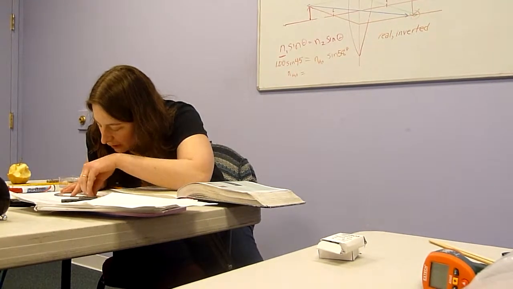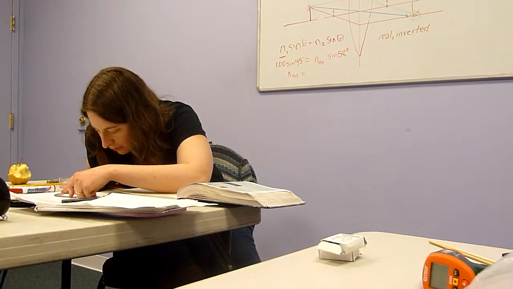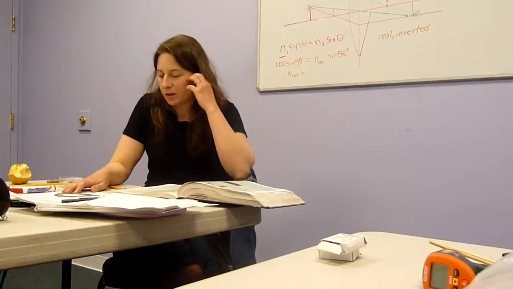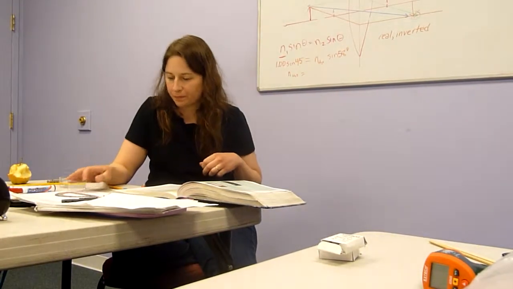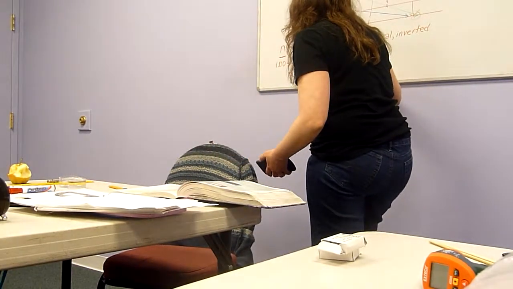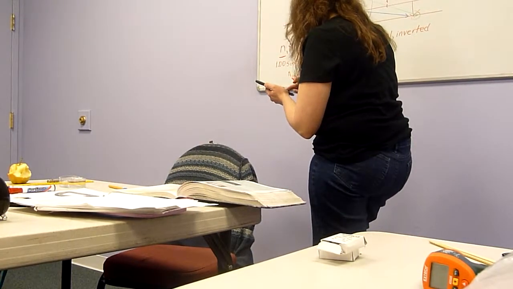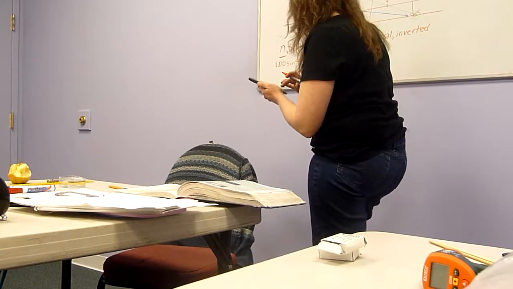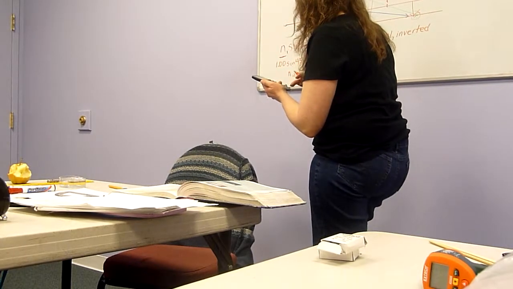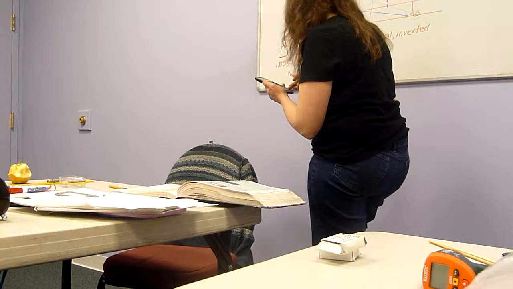The other option would be 138, or no, 122. Let's try it. That gives you 0.85. Sine of 45 divided by sine of 122, I still get the same answer, because of course that's equal.